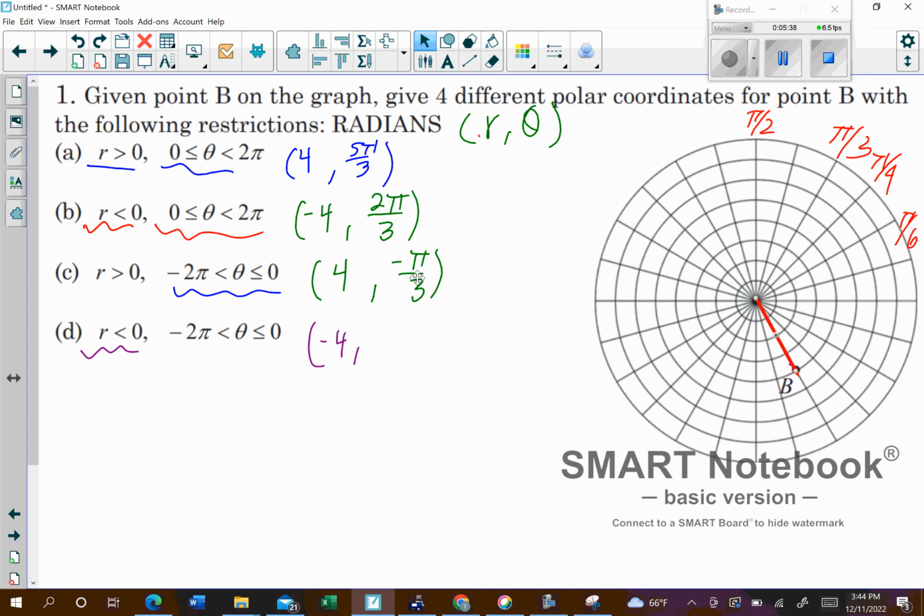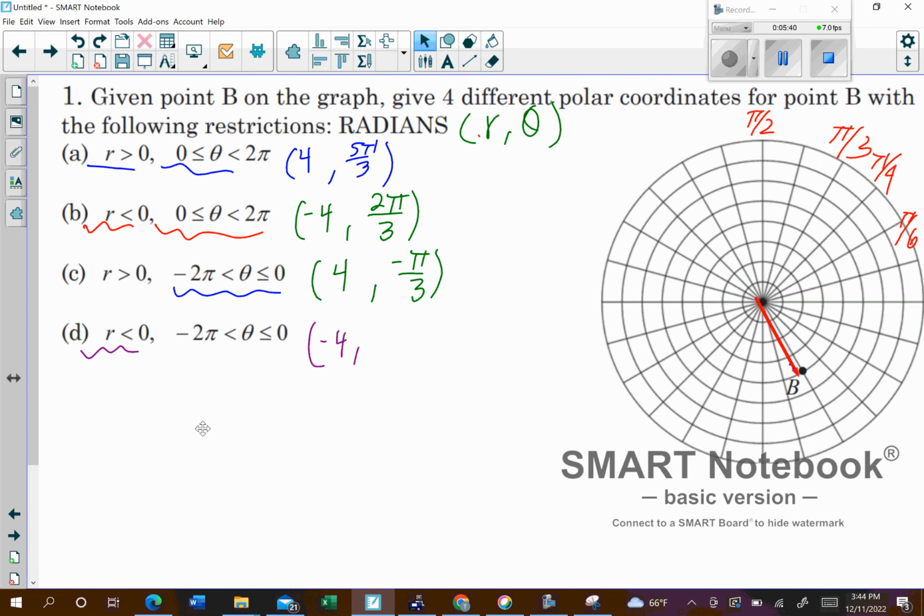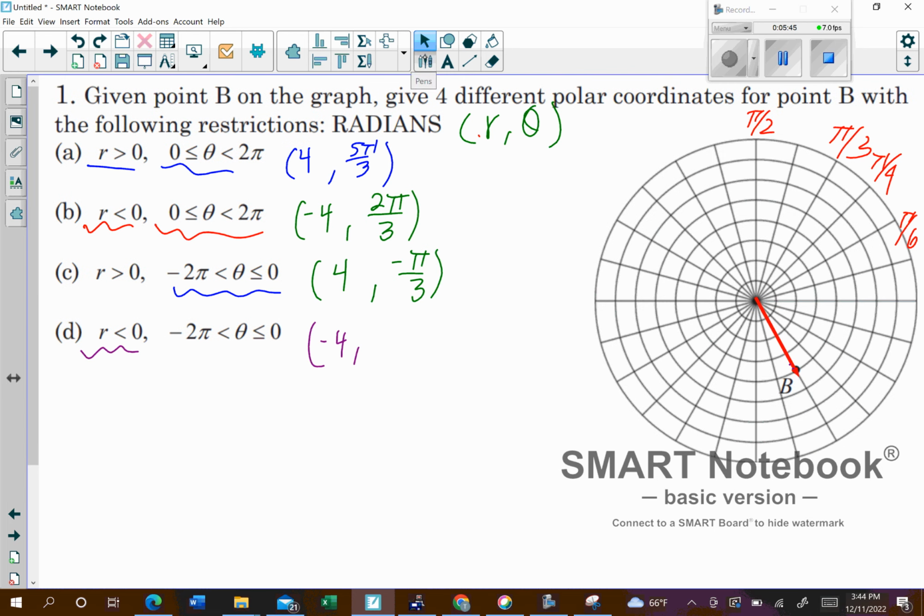So if you just add pi to this right here, well, negative pi, because you're going in the negative direction. So we have negative pi over 3. We're basically just going to add another negative pi, because that will rotate me around a half a turn exactly, and then I reflect back across because of my radius being negative.